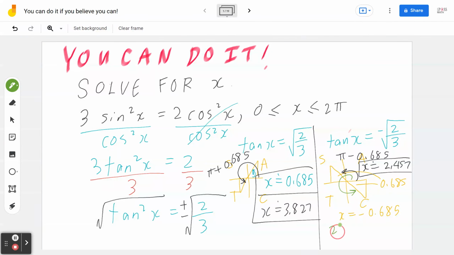I'll grab 2 pi minus the related acute angle, 2 pi minus 0.685. Again, if I grab the calculator and work it out, 2 times pi minus 0.685, that's going to be 5.598.